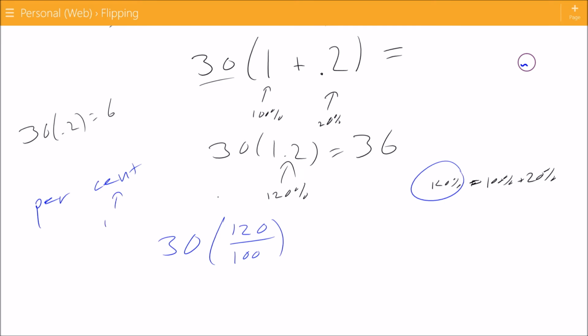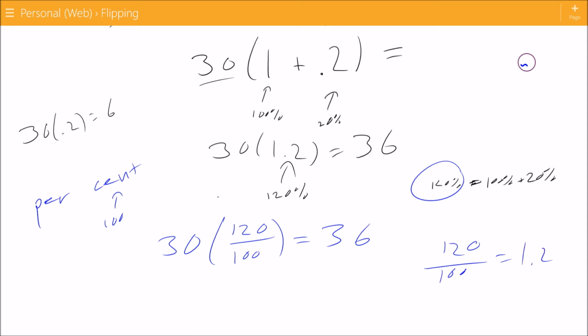If we look at the Latin roots of the word, the cent is like century, centennial, that's a root of 100. That's why our pennies are called cents, because you need to have 100 to have a dollar. If you have 30 times 120 over 100, that's going to give you the same thing as 36. 120 over 100 is 1.2.